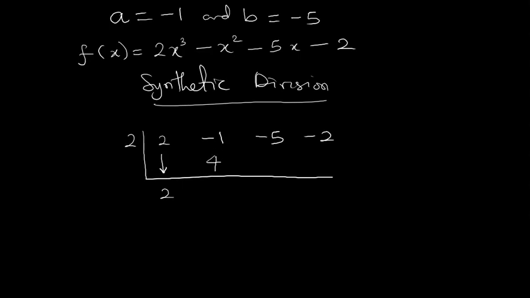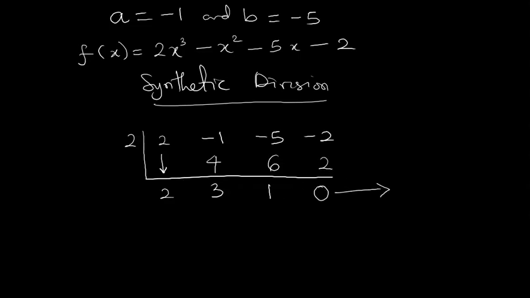We're going to write that here. Then we add minus 1 plus 4, that's 3. Again, we have 2 times 3, and that's 6. Similarly, we have minus 5 plus 6, that's 1. 2 times 1 is 2. We write that here, and the remainder is 0.